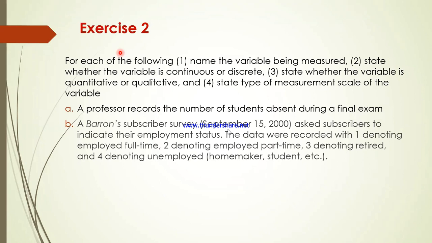Right. Now here, read the first question, and there are two scenarios given to you, scenarios A and B. For each and every scenario, you have to identify the variable name, whether it's continuous or discrete, whether the variable is quantitative or qualitative, and state the type of measurement scale of the variable.